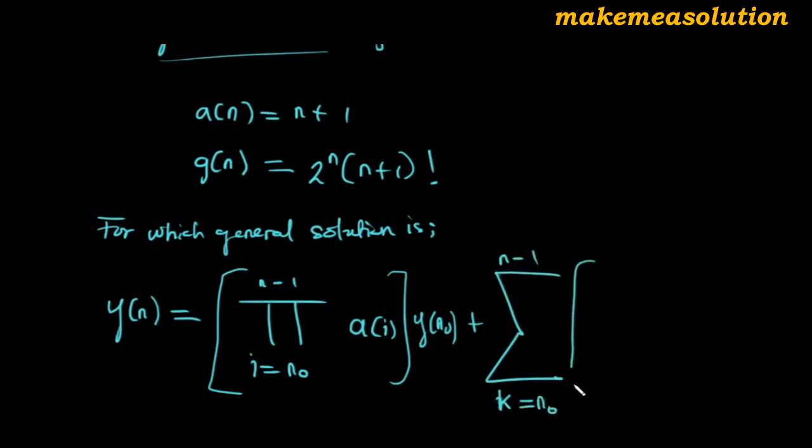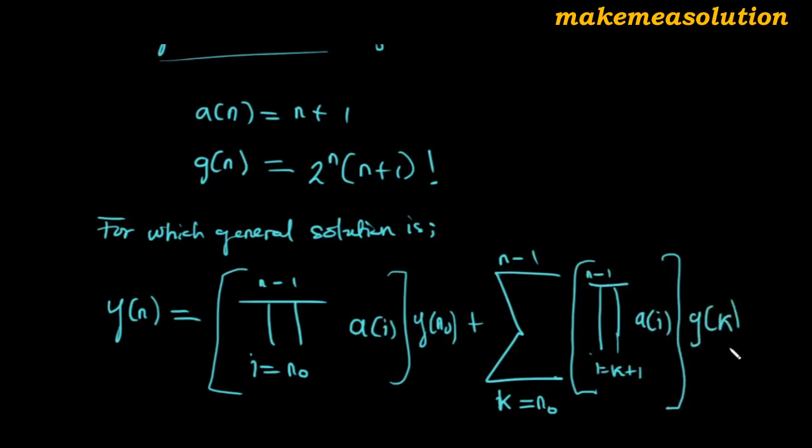Then you now have another product operator, pi from i equal to k plus 1 to n minus 1, you now have your a of i, and finally you now have your g of k. So this is the solution for this problem.